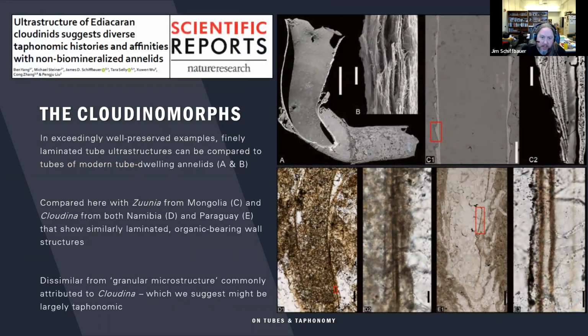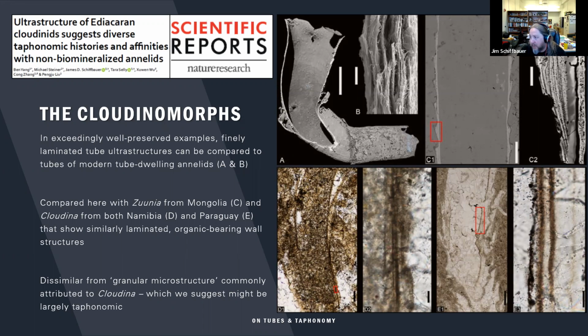In really extremely well-preserved examples, this comes again from Ben Yang's work when we described Zunia. We were looking very closely at the ultrastructure of the tubes, and we found that the tube walls in many of these cases, especially in Zunia, had nice organic layering, fine laminar structures within the tube walls themselves. So we expanded that search outside of Zunia, and we looked at Cloudina that Ben had from Namibia as well as from Paraguay.